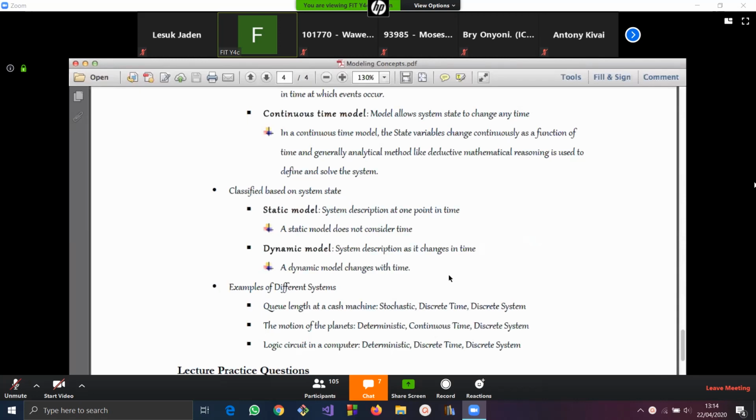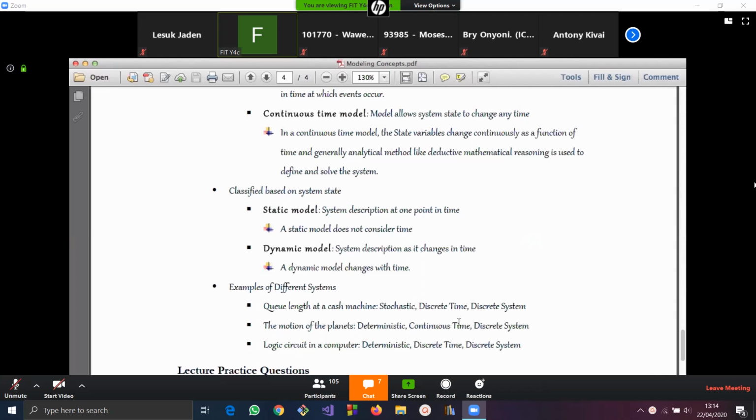Therefore, it is a stochastic thing, probabilistic. Discrete in the sense that you can tell maybe at 8 a.m. there were 2 people, 10 p.m. there were 10 people. So that is discrete. It is discrete time and also a discrete system.